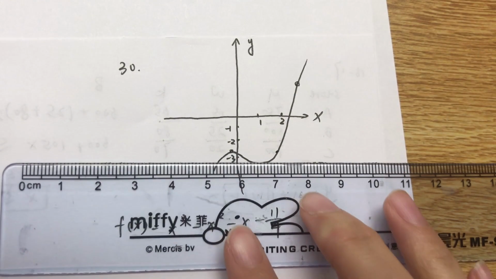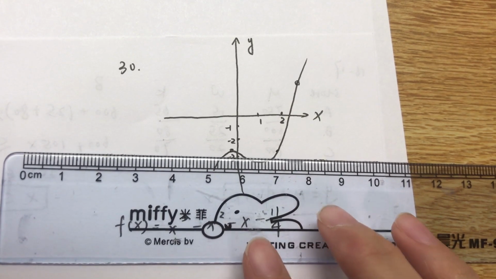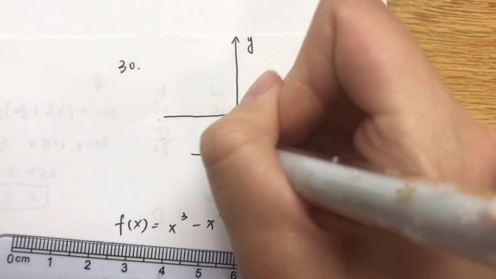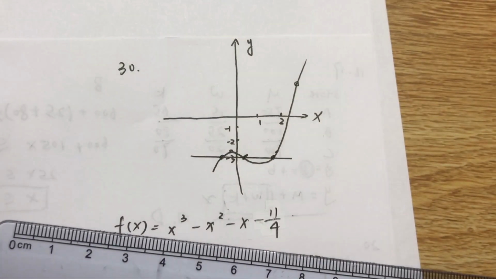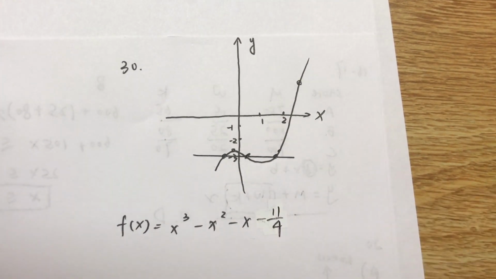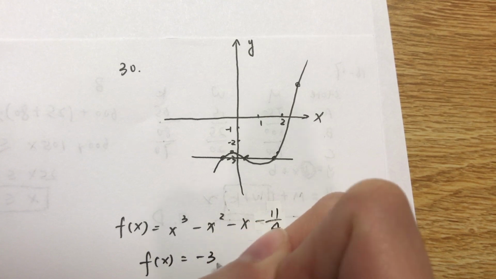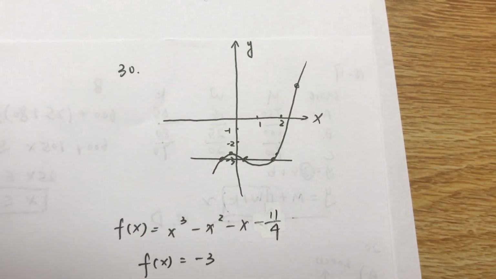If the line is here at negative 3, we can have 1, 2, and 3 solutions. So that's why if f(x) is equal to negative 3, we have 3 real solutions of this function.